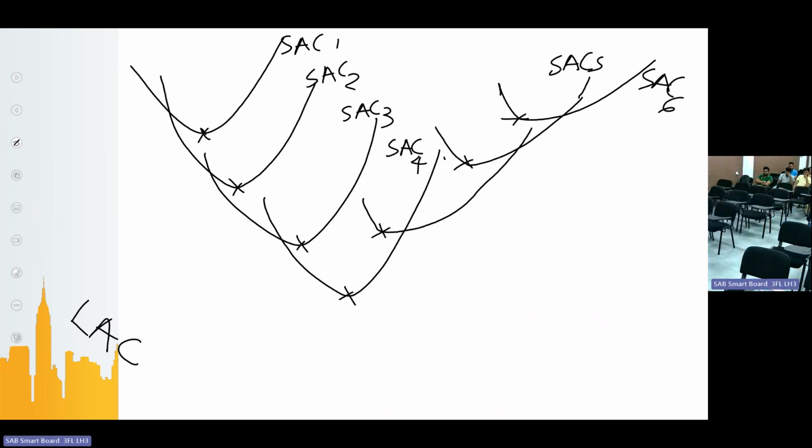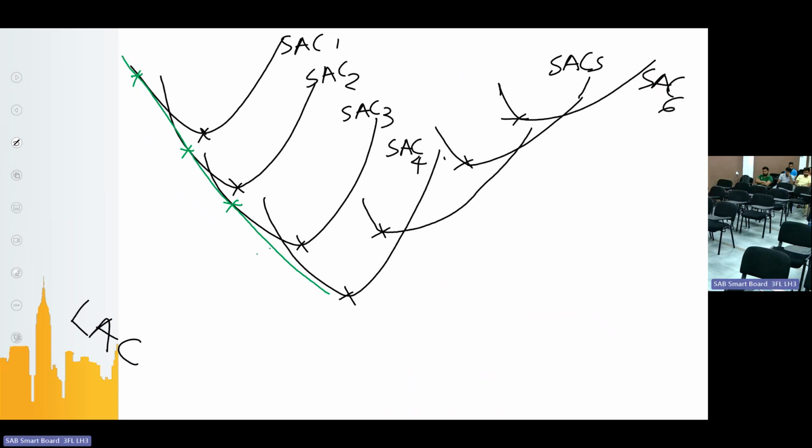The long-run average cost curve touches short-run average cost curves in their decreasing part. They don't touch their minimum points.